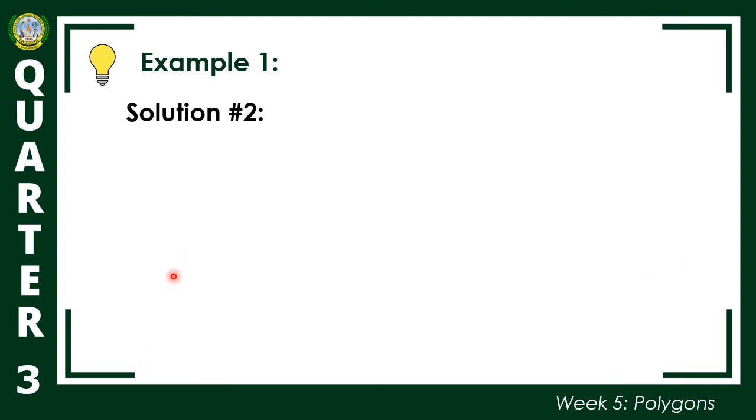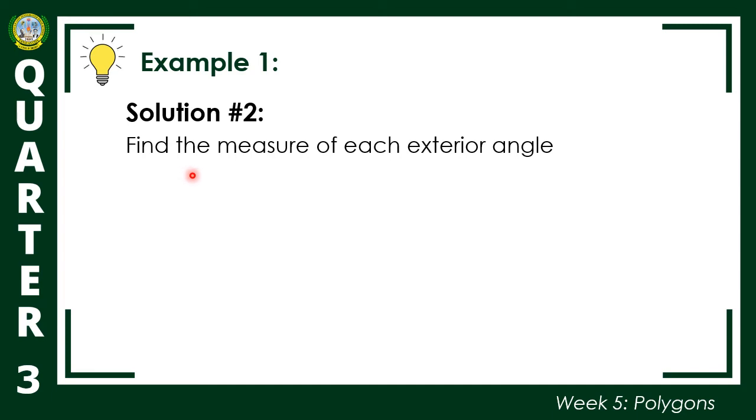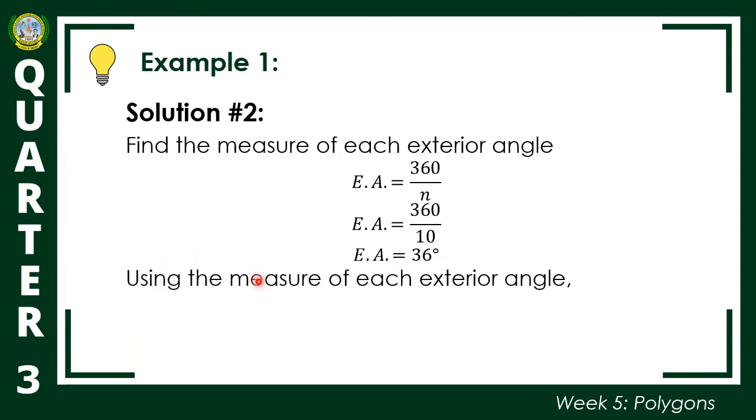We have another way to solve the given problem. And that is by finding the measure of each exterior angle first. So, using the formula, EA equals 360 over n. Again, ang n po natin ay 10. Substitute po natin, magiging 360 over 10, and that's equal to 36 degrees. And since the measure of the exterior angle is 36 degrees, what we're going to do next is to subtract that measure from 180 degrees.